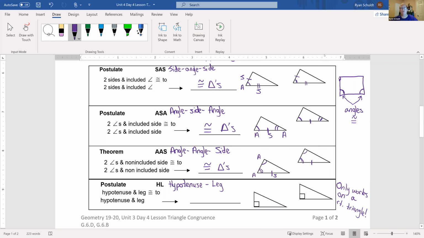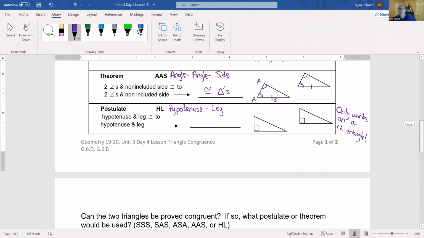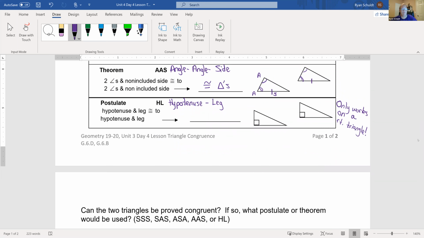It won't work all the time, but if it does, it's only going to be on a right triangle. What it says is if we have the hypotenuse congruent and a leg congruent, then by the hypotenuse leg postulate, we have congruent triangles.